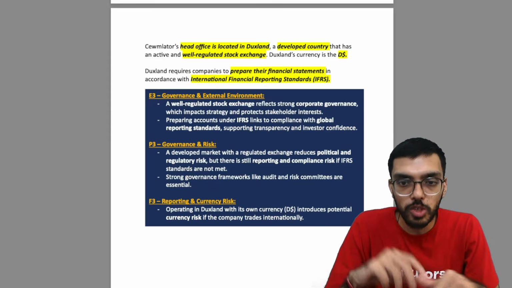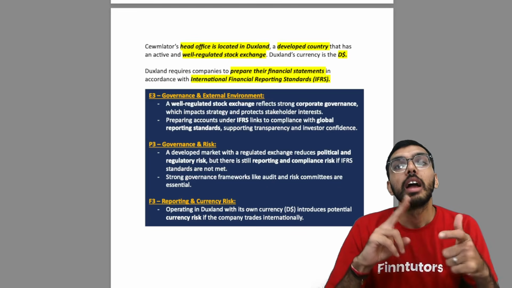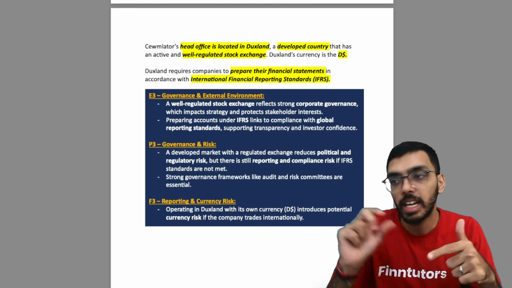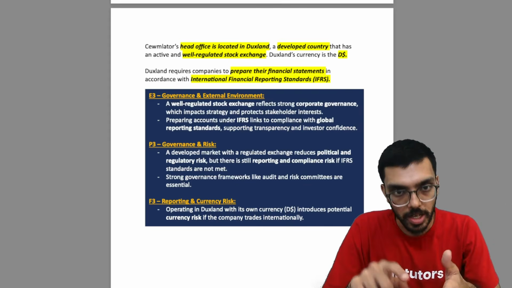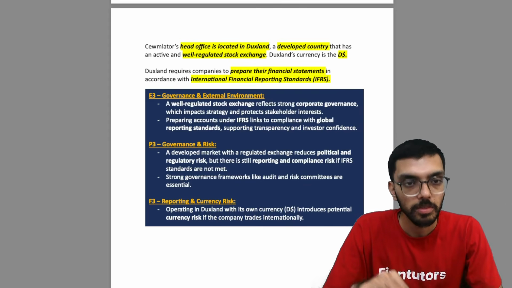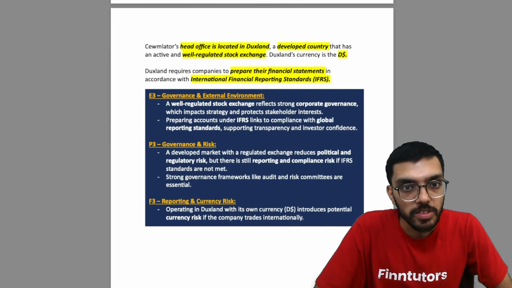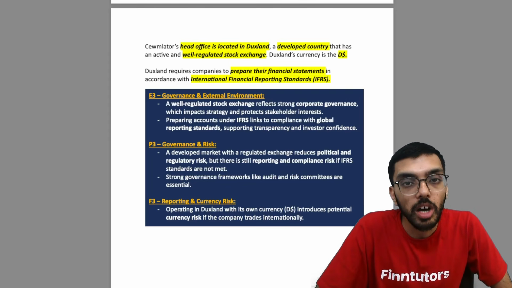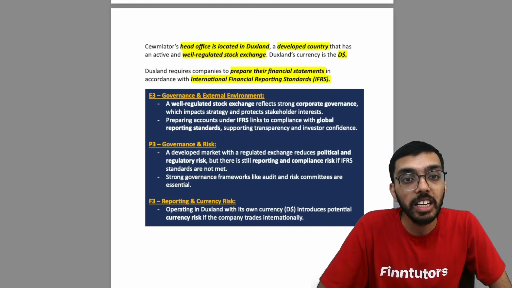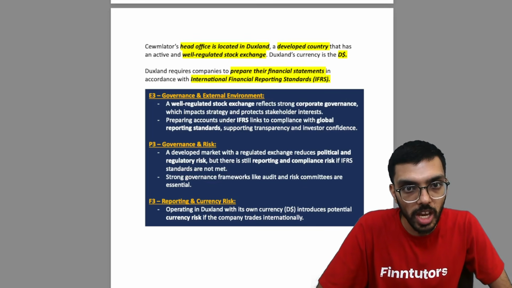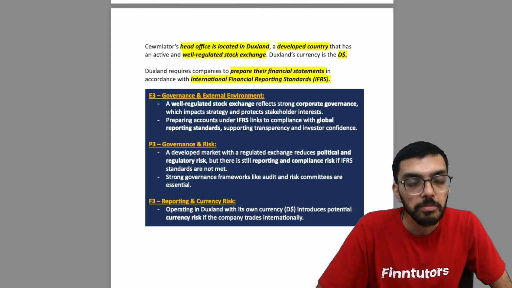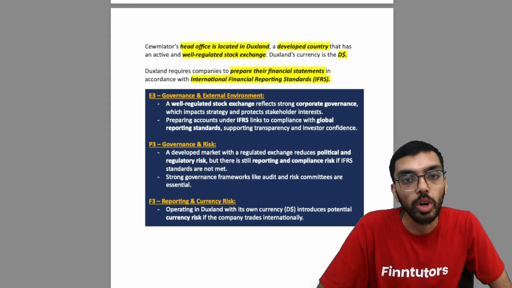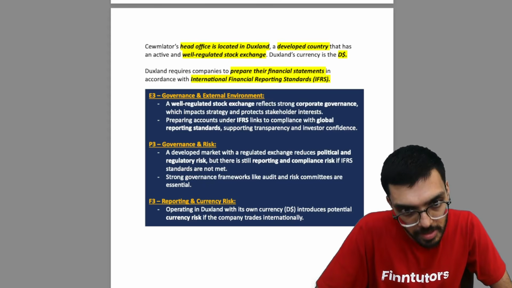So from the first page, we are a listed company, and we are a company that engages in making battery operated cars, vehicles. Now, Cewmlator's head office is located in Duxland, a developed country that has an active and well-regulated stock exchange. Duxland's currency is the D dollar, and Duxland requires companies to prepare their financial statements in accordance with IFRS.